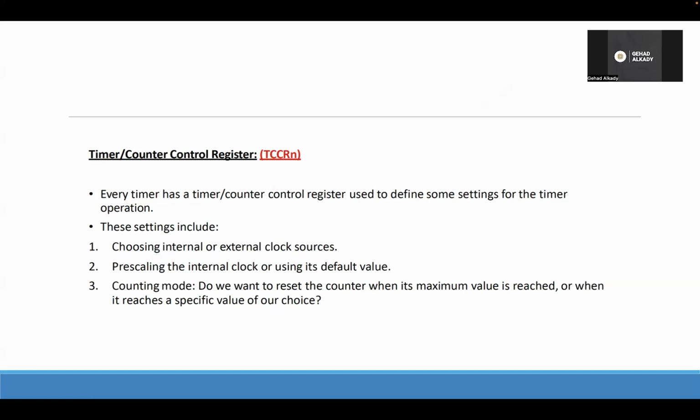The first is maximum value and then reset, where the timer counts from the beginning until it reaches the maximum value of the 8-bit register, which is 255. And in the second counting mode, we define a specific value at which the timer resets. So these are the two timer modes.